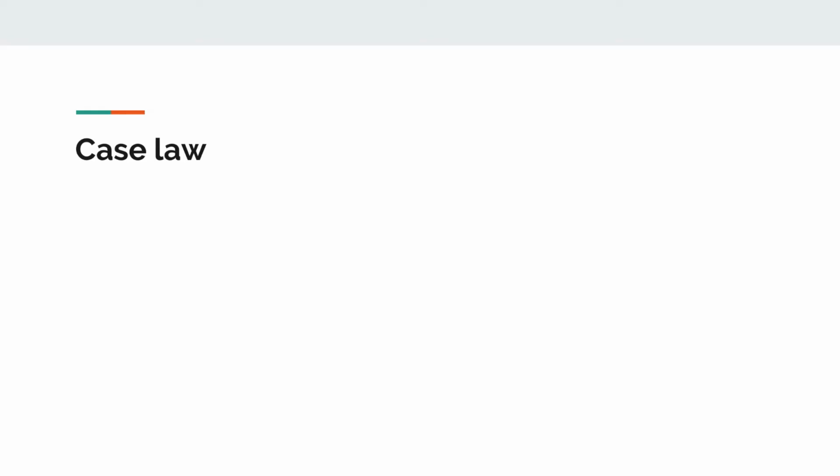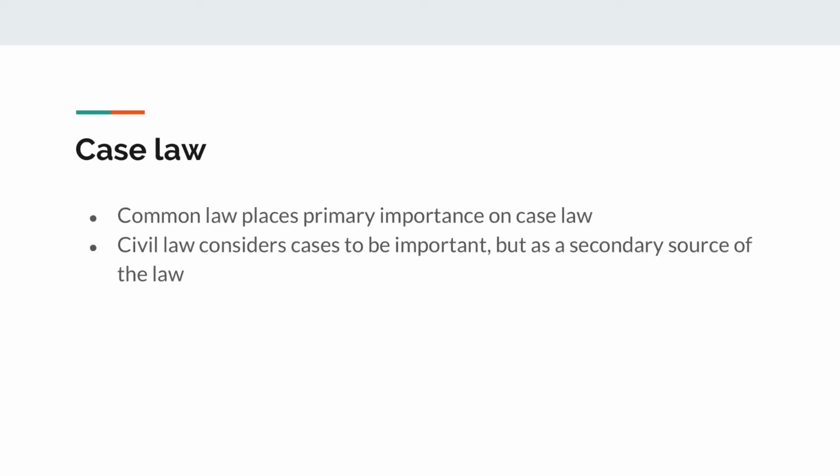Again, as I'm pointing out, case law plays a role in both systems. Common law places the primary importance on case law, and there's a strong reliance on precedent in establishing the law. Whereas the civil law considers cases to be important, but more as a secondary source of the law, to examine how other courts have interpreted the law, but not to make it the law.